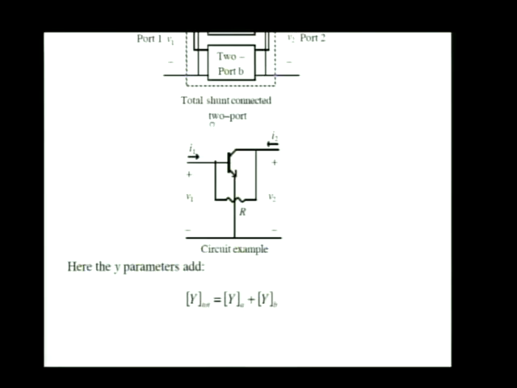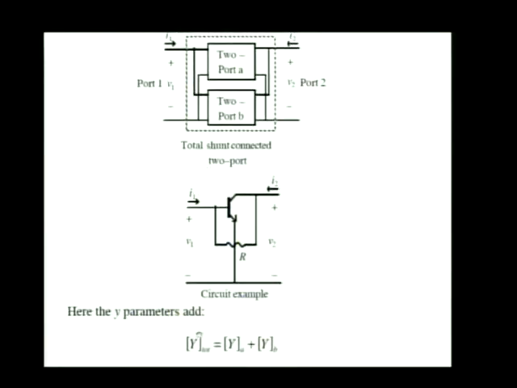In this case, your best bet would be to use the Y parameters, because with such an interconnection, the Y parameters of the shunt interconnected two ports consist of nothing more than the Y parameters of the individual two ports added together, in just the same way we did for the individual Z parameters when we had a series interconnection.